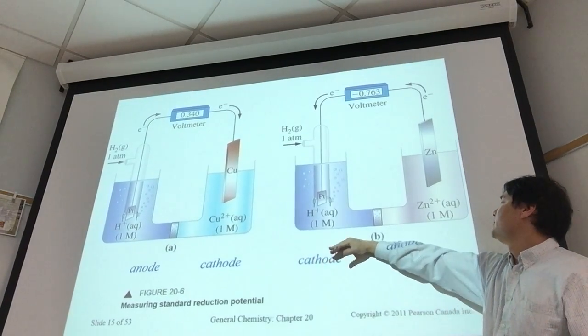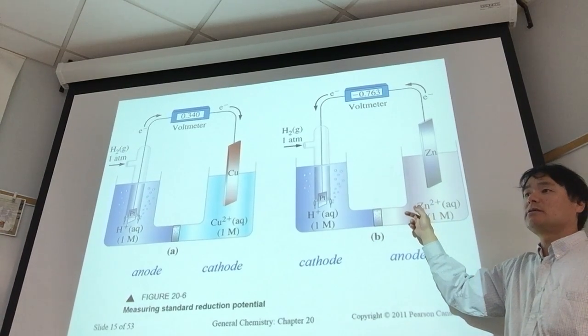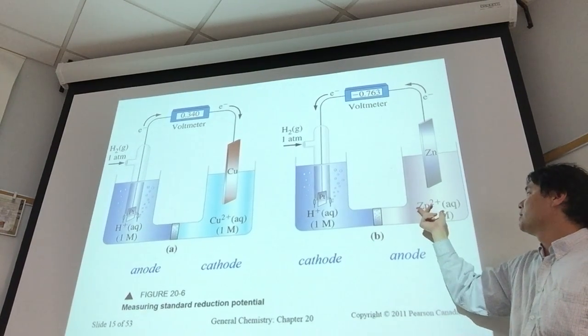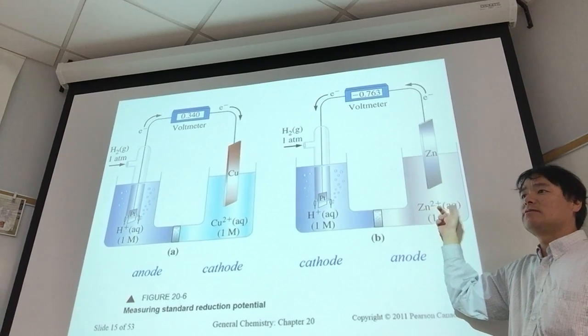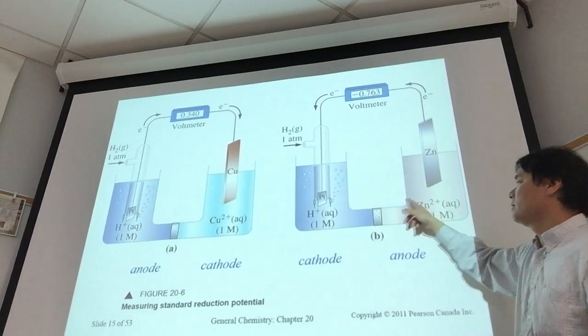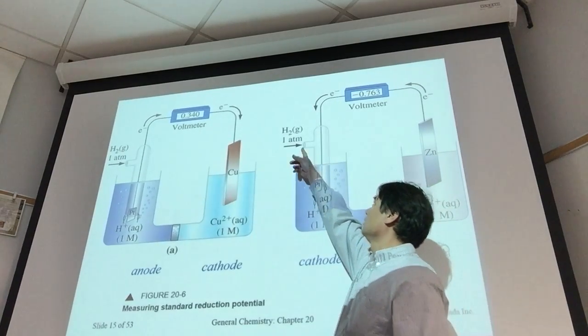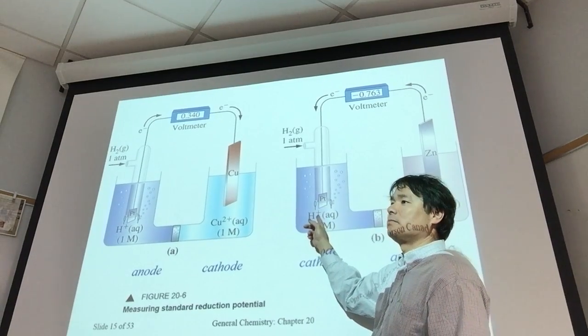And so what we see is that the cathode, the oxidizer, would be Zn2+. And so the reaction at the cathode should be Zn2+ plus 2 electrons gives us Zn solid. Where do the electrons come from? The electrons are going to come from hydrogen gas. Hydrogen gas is going to give up those electrons and form H+.